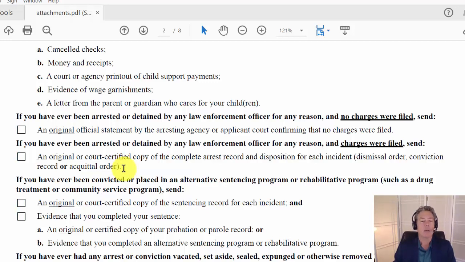If you have a criminal background, this is one of the ways that they keep people from getting their citizenship. They require a lot of details, and look, they're saying an original or court-certified copy. Okay, so we're just sending in the copy for this application. We're bringing the original with us to the interview. Same thing with the arresting agency, right? But they want to see all this.